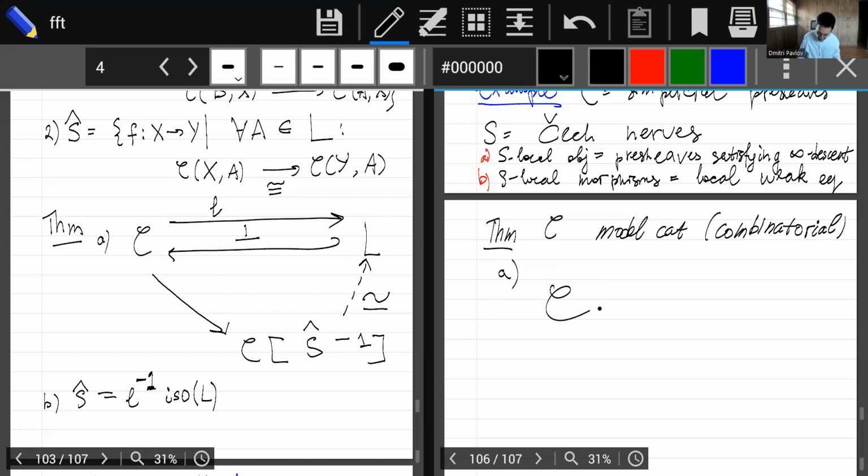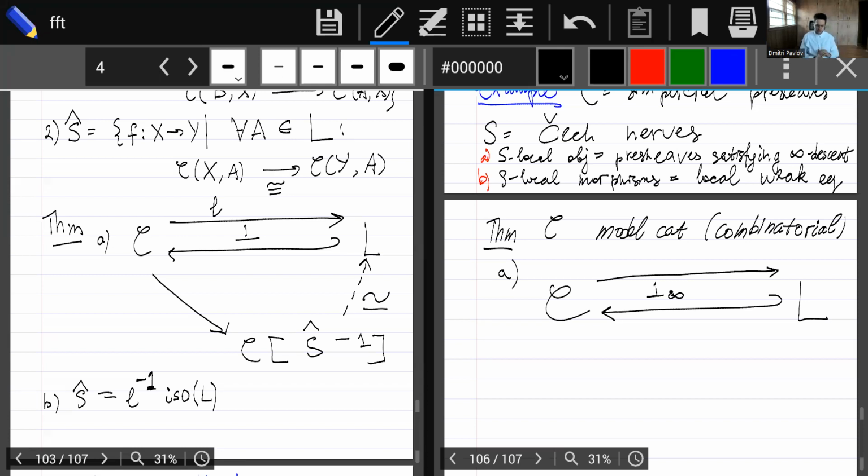we have an inclusion of relative categories from L into C. This inclusion has an adjoint, and here it's important to emphasize this will be an adjoint not in the sense of one-categories, but in the sense of relative categories or infinity categories.